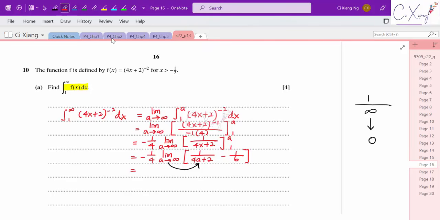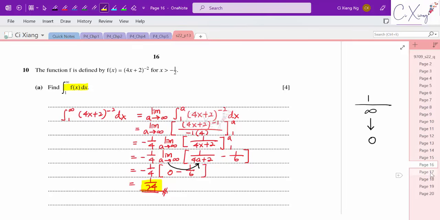Therefore, my next step will be, I'm having still negative 1 over 4, then I will have 0 minus 1 over 6. Simplify further, and this is the answer that I get, 1 over 24.